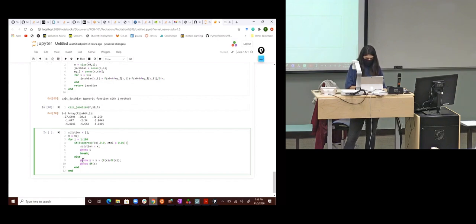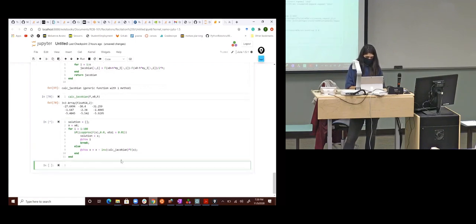And then our update rule changes where x equals x minus df, and in vector terms, this becomes the inverse of the Jacobian, calculate Jacobian, times f of x.